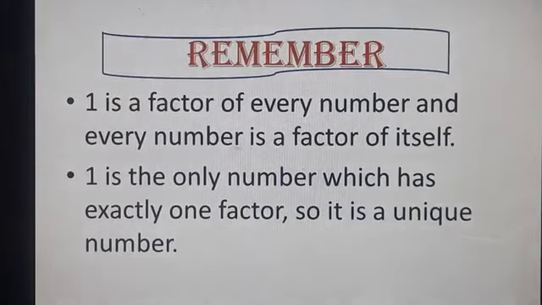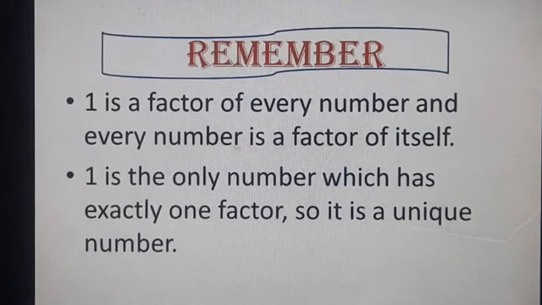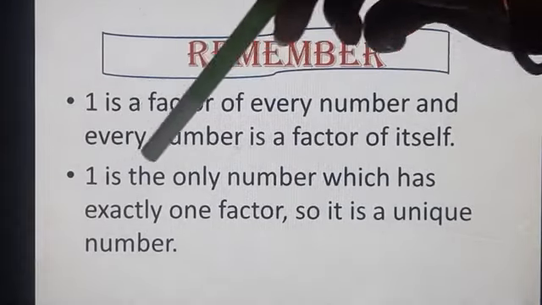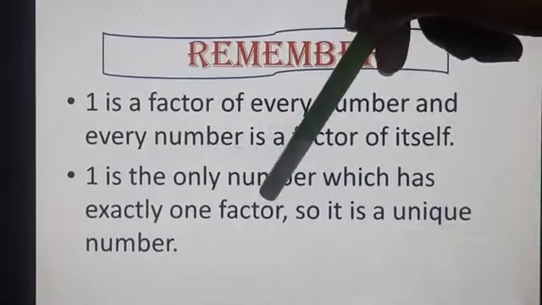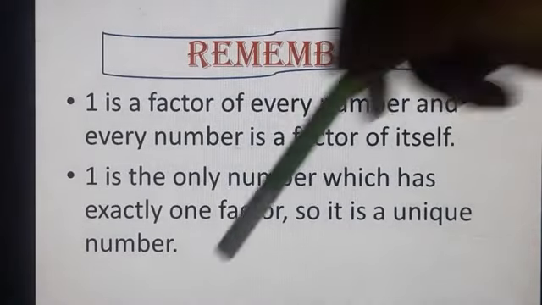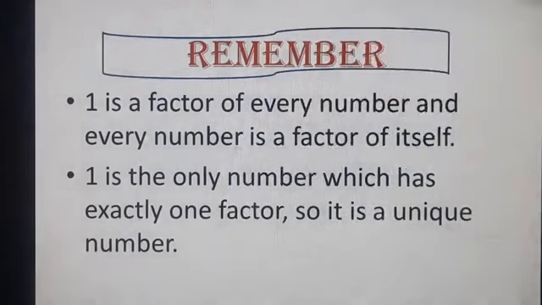Means if we are writing the factors of 45, then our first pair of factors is 1 into 45. 1 is a factor, 45 is a factor. Understood? Next point is 1 is the only number which has exactly one factor. So it is a unique number. Unique means anokha, adbhut.